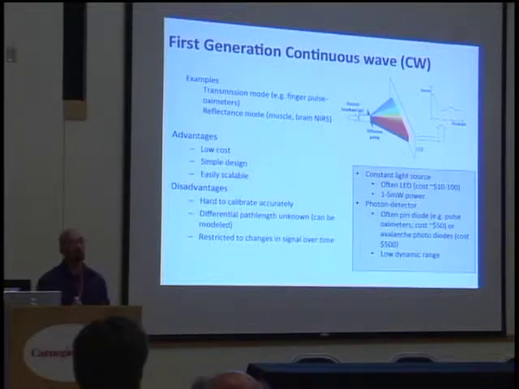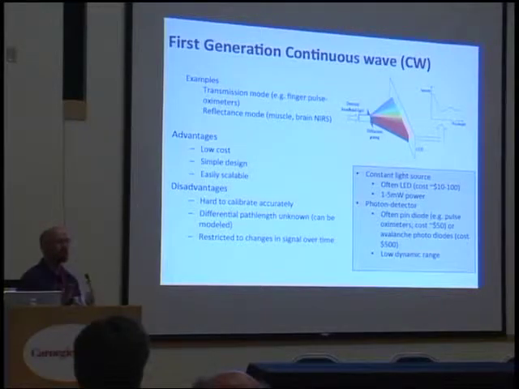So the advantage of this kind of first generation system is they're very, very cheap. You can buy systems that have dozens, hundreds even of light sources and detectors that actually allow you to make arrangements and make many of these measurements. So it's easily scalable. The downside is because the technology is very simple, you're just looking at how much light passes through the tissue.